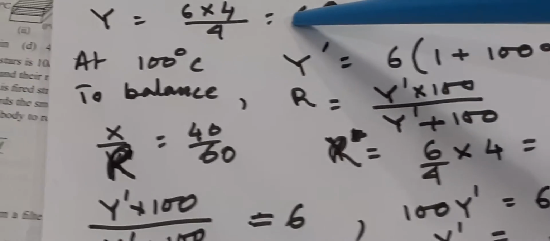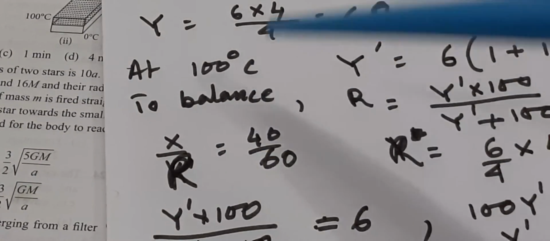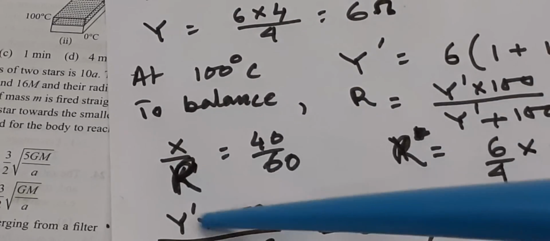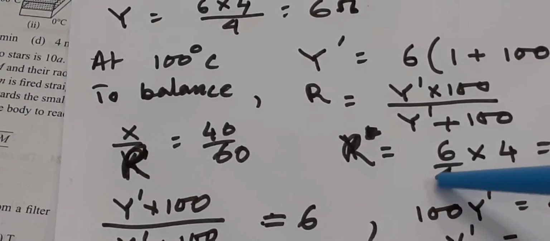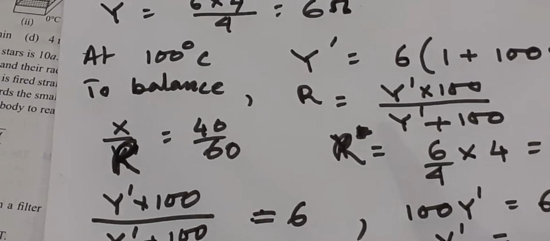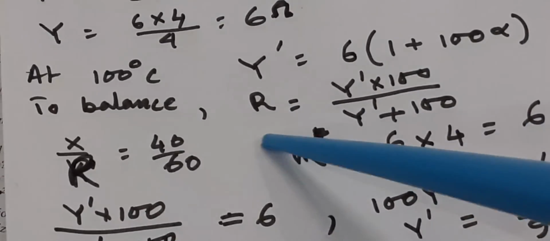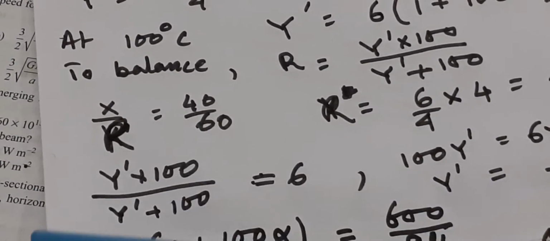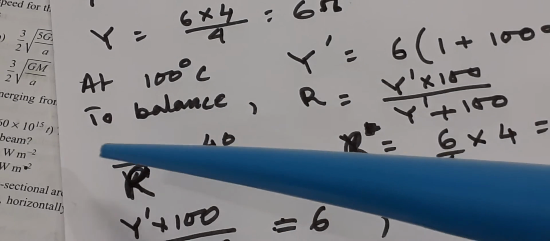Now as the balance point, we know x by the new resistance, that is R, will balance according to the question the previous value, that is 40 by 60 as given in the question. It will match with the previous null point. That means we can put R in terms of all these. R is known: Y dash 100 divided by Y dash plus 100, this is R, and we know that x is 4.